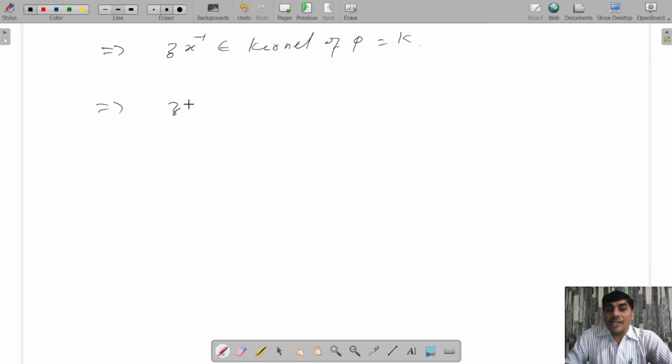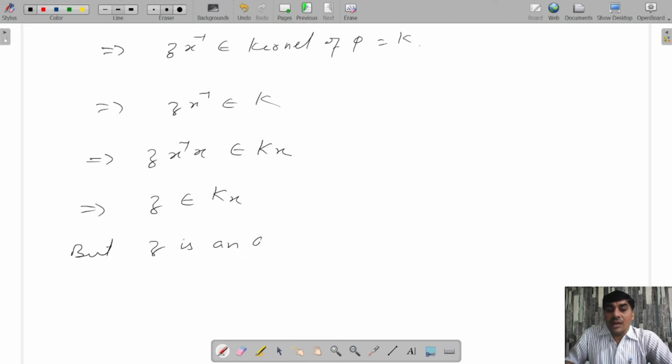This implies z x inverse belongs to K. This implies z x inverse into x belongs to Kx. This implies z belongs to Kx, but z is an arbitrary element of phi inverse of x dash.